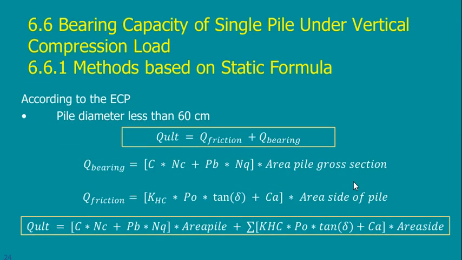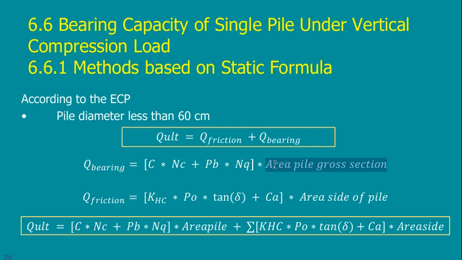Whatever equation I get, Q ultimate is the Q due to friction plus the Q due to bearing. So you need to understand, in any equation, where the term related to friction is and where the term related to bearing is. To get a load, I always multiply a stress by an area, so the area defines which category I am using.